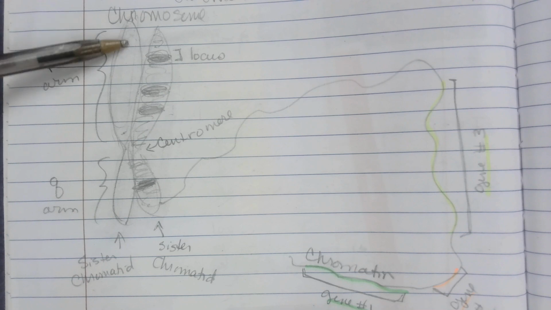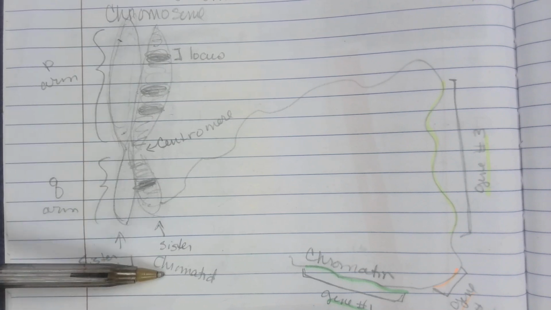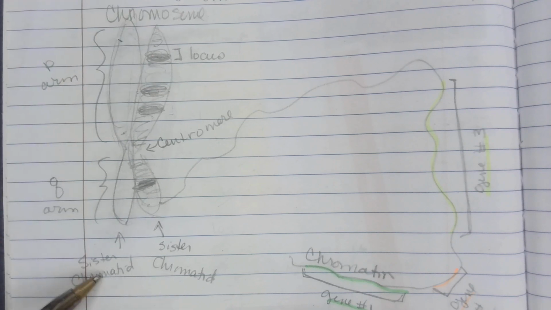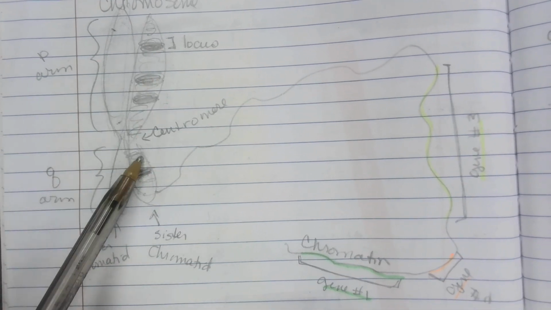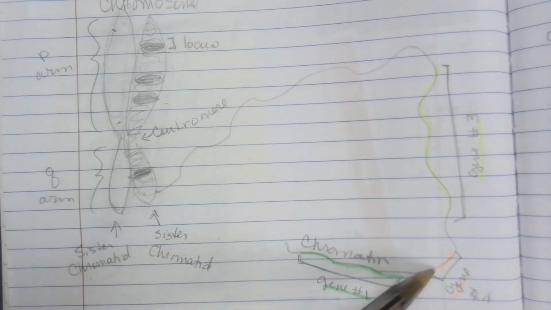So this is a sister chromatid, and this is a sister chromatid. This is a chromosome that has two sister chromatids. If I take that DNA that's wound up and I stretch it out, that would be chromatin.